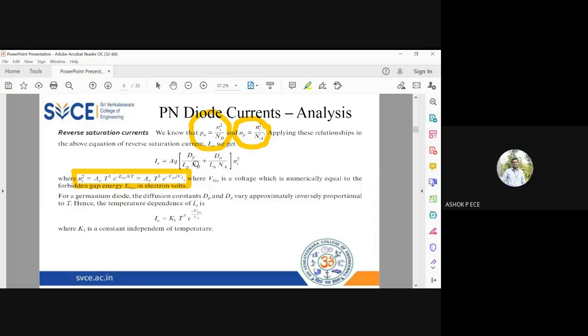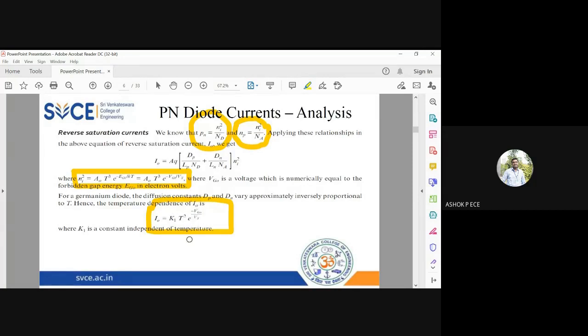So I can write Dp is proportional to 1 by T, Dn is proportional to 1 by T. Already you have T cube here, so T cube by T will be T square. So I can write the reverse saturation current as I naught equal to K1 into T square into e power minus Vg naught by Vt, where K1 is the complete constant including all the constants of the entire equation.